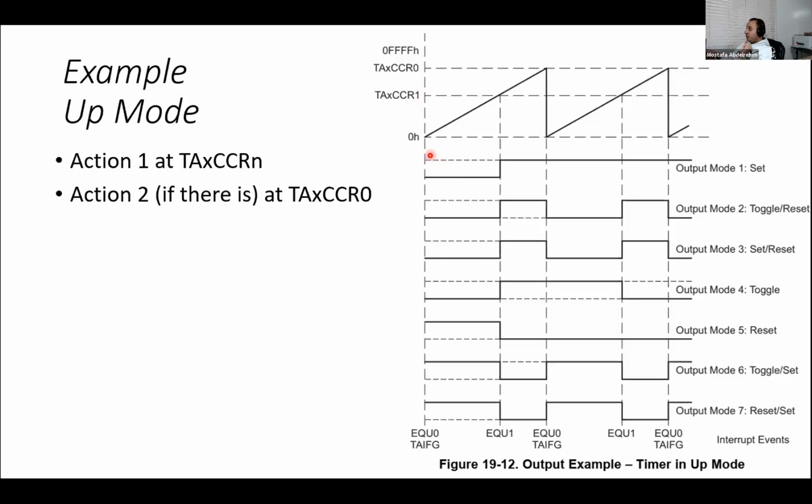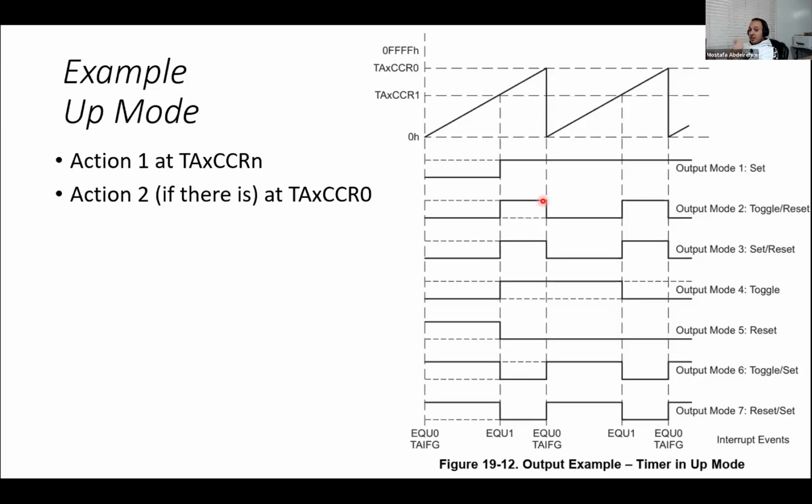So whenever the count reaches that value, you will toggle. If the previous output was 0, you will make it 1. If it was 1, you will make it 0. This is just an example here. Then, whenever the value of the count reaches TAxCCR0, you reset. So this is the second condition.